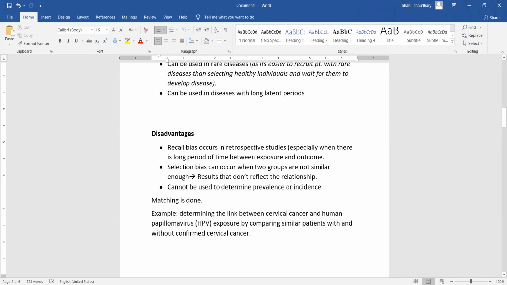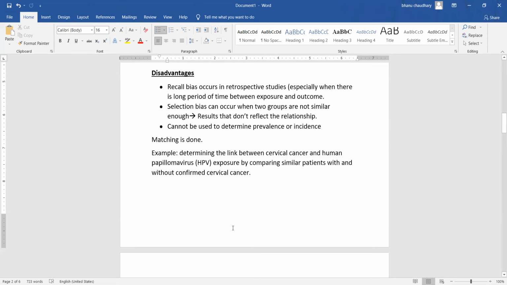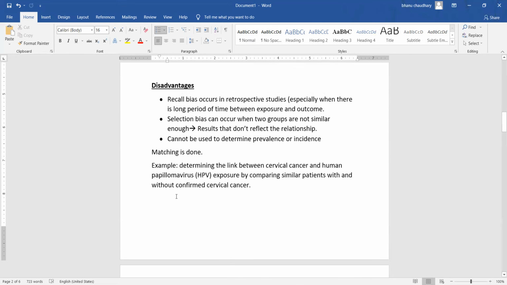For example, when you want to determine the link between cervical cancer and human papilloma virus exposure, you need to compare similar patients with and without confirmed cervical cancer. First you select all the individuals with the disease, then you go back, look in the records, and check whether they have the exposure or not.